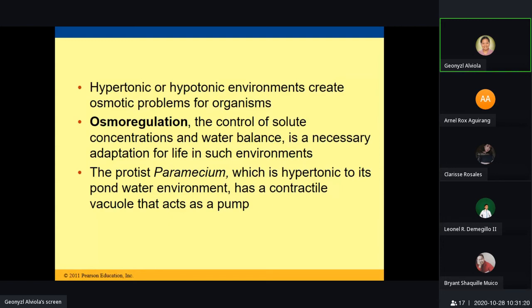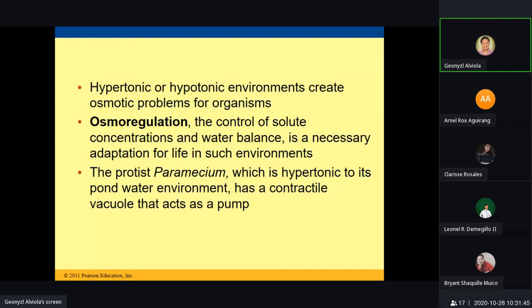Naa silay mechanism sa ilang gills nga i-control ang ions, ang solutes nga mosulod sa ilang lawas. At the same time, ang ilahang integument mag-secrete og mucus, ang ilang mga scales to protect also from those harsh environment.